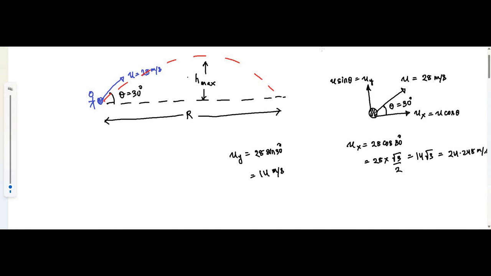Now let's say this point is O, this maximum height point is P, and this point is Q. So for the journey from O to P, the maximum height point, the net vertical displacement Sy is equal to h max, the maximum height.